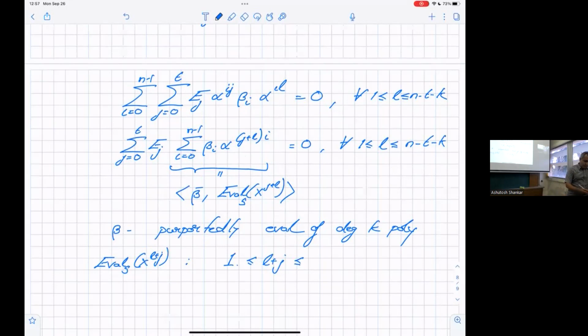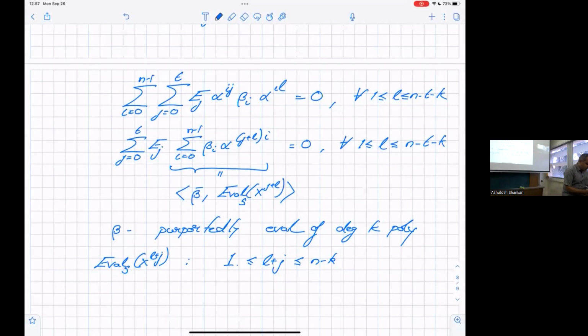N minus K. So notice, this is exactly the dual for this space of polynomials. These are exactly the basis for the dual. So in particular, if I had chosen the right parity check matrix, this is exactly what each of these quantities would be when the parity check matrix is multiplied by the received vector.